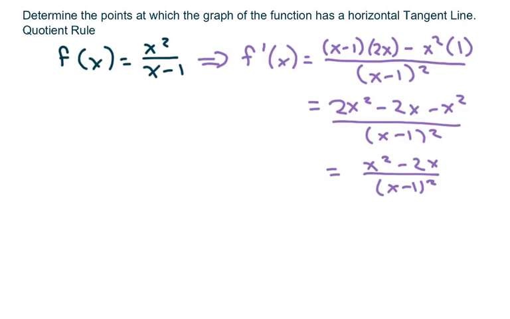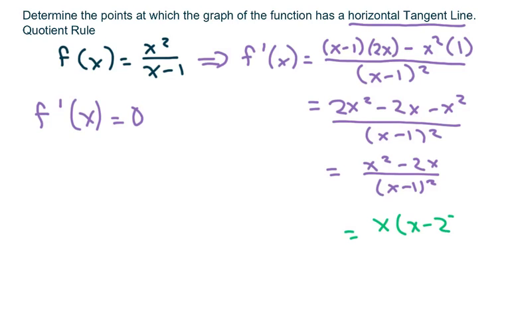So now we want to know about the horizontal tangent line. So we need to know where the derivative of f of x equals 0. And what I'm going to look at is my numerator on this one. I factor out an x, I get x minus 2.